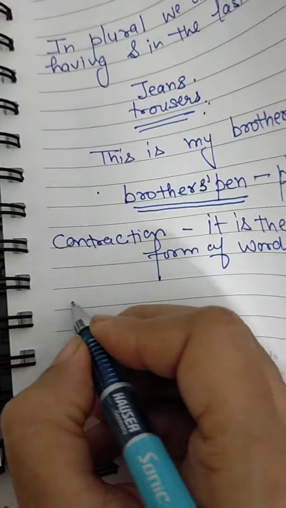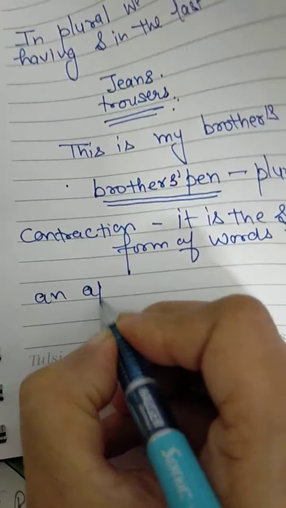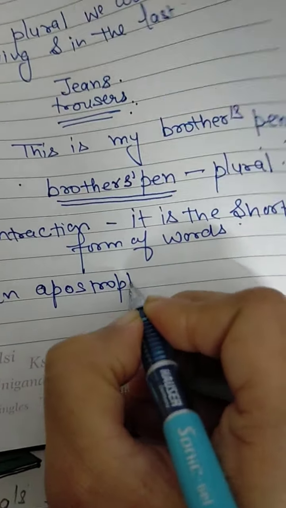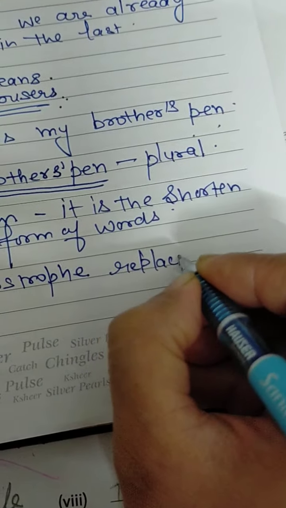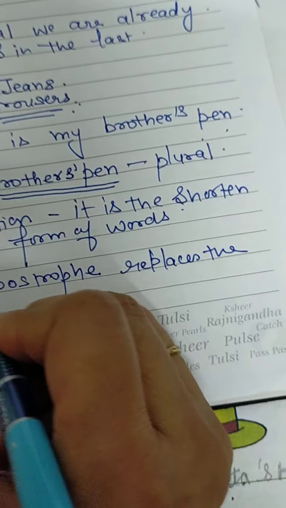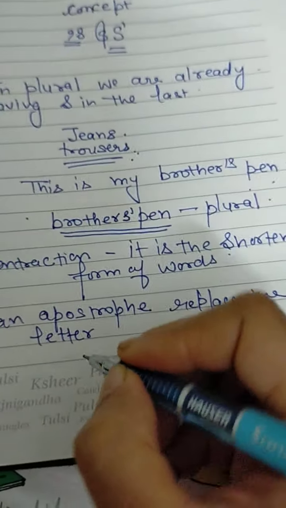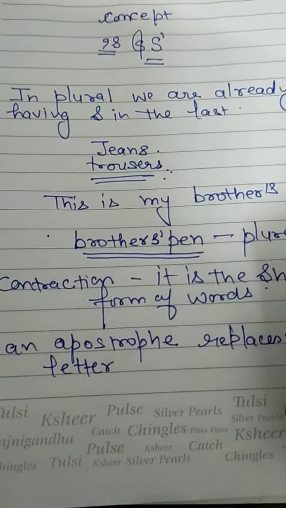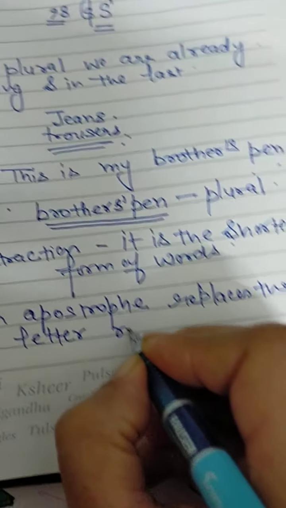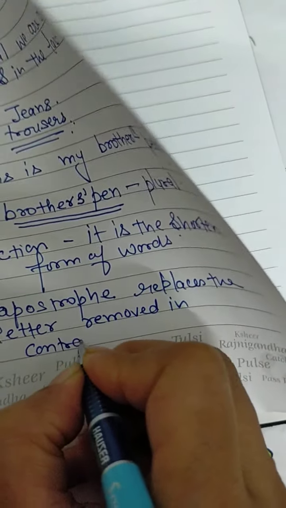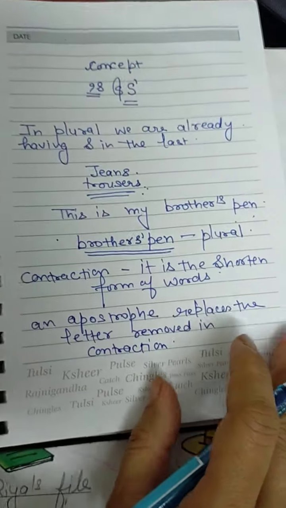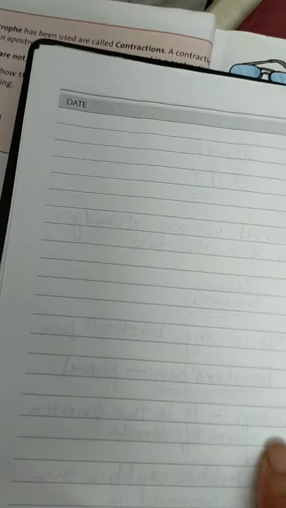An apostrophe replaces the letter removed in contraction. Let me make this clear with the help of some examples.